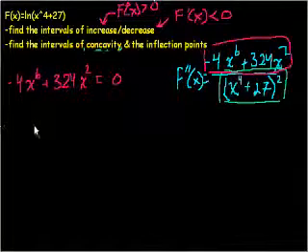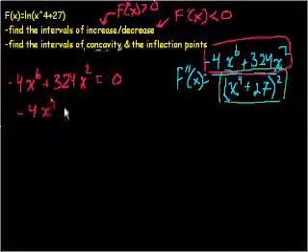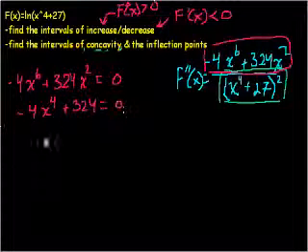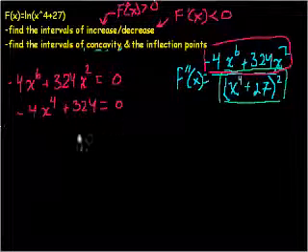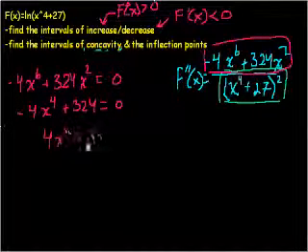Well, the first thing I would do is divide both sides by x squared, just to get this x squared out of the way. So I get minus 4x to the 4th plus 324 is equal to 0. Let's take that 4x to the 4th onto the other side of the equation, and then swap sides. So I get 4x to the 4th is equal to 324.